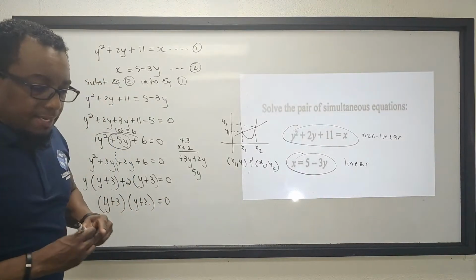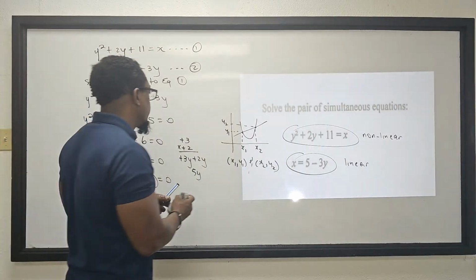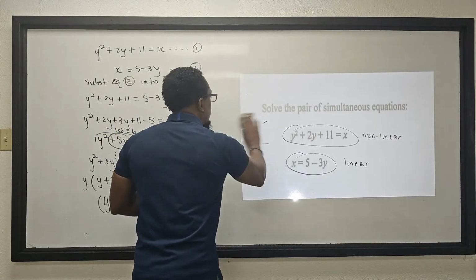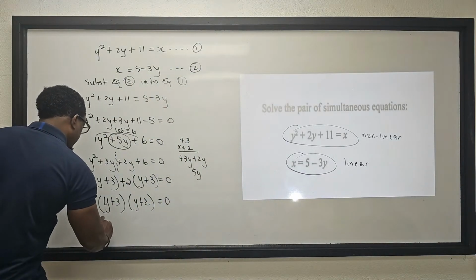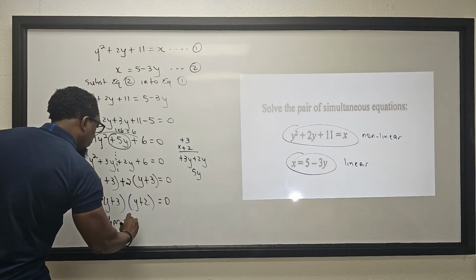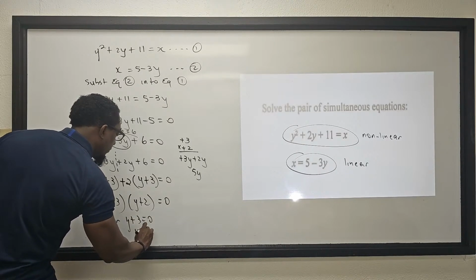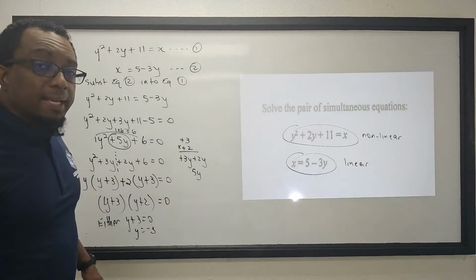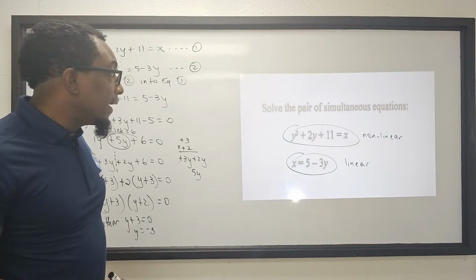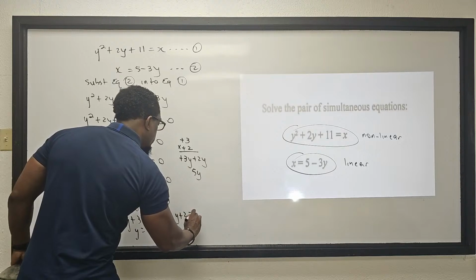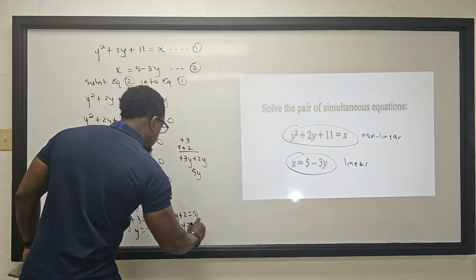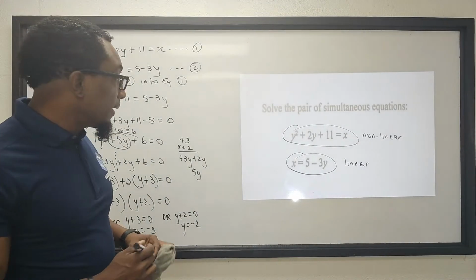And at this point, I can say either y plus 3 is equal to 0, y is equal to negative 3, so that's one value of y, or y plus 2 is equal to 0, y is equal to negative 2, so that's my second value of y.